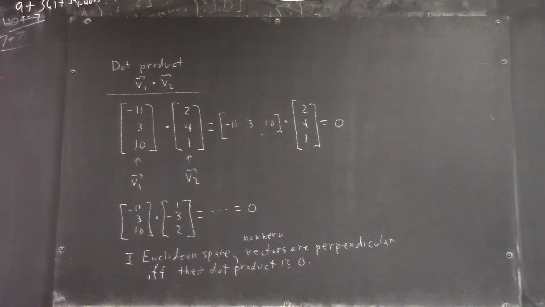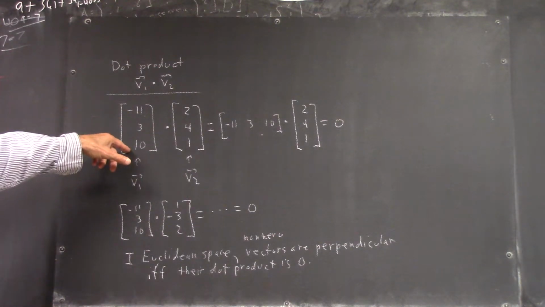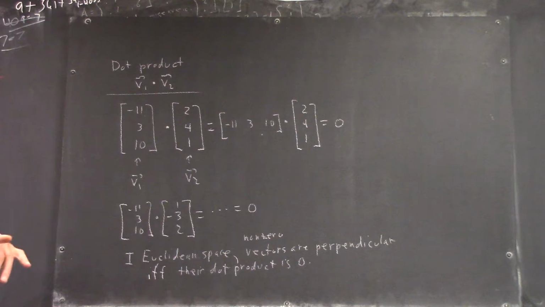Which means that every vector in the line that defines the null space of this particular transformation is perpendicular to any vector in that plane, the row space that consists of the vectors that don't map to 0.